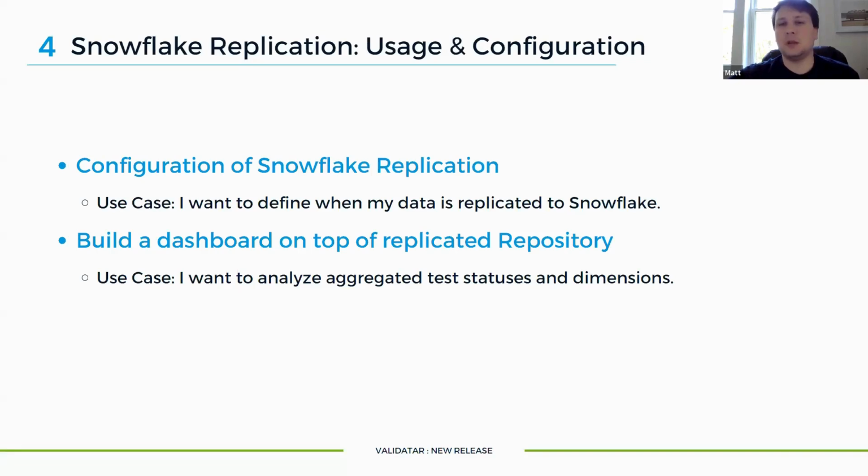And this is really, I'm showing you it here because it's available already. A lot of the aggregation of the statuses and the quality dimensions, that's going to be added directly into the tool as well. But I did want to just show you, hey, already out of the box, because we replicated the data to Snowflake, you can access it really easily.